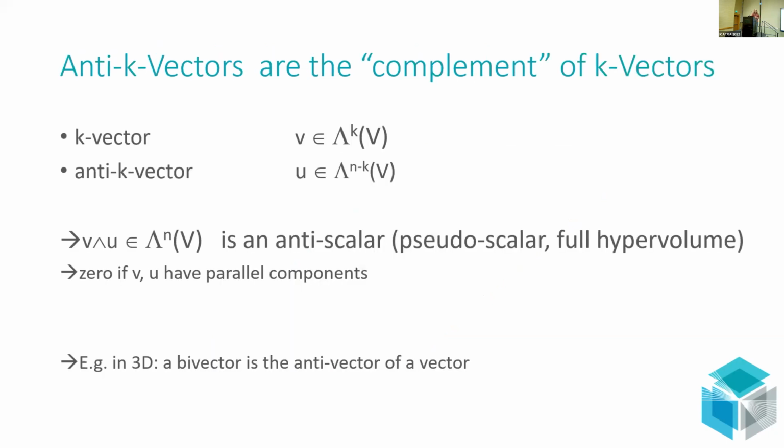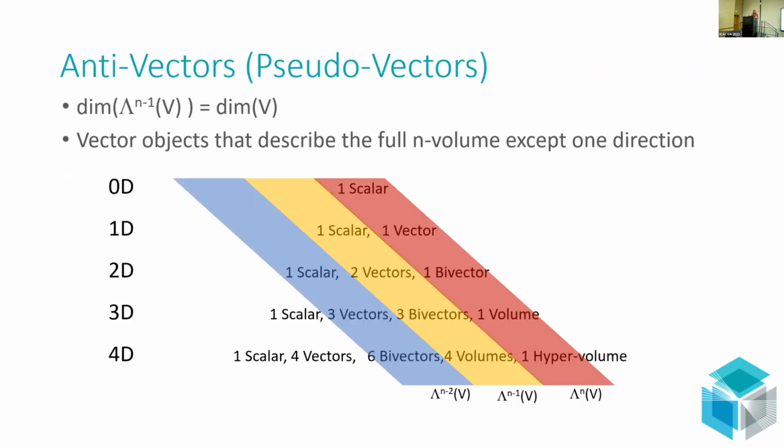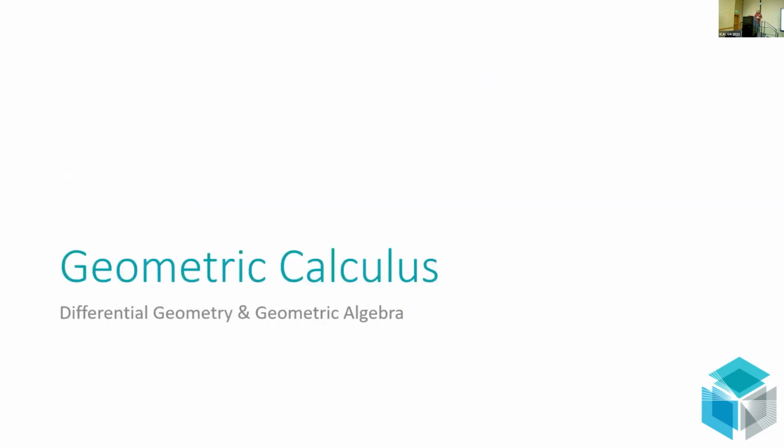And we have the concept of the antivectors in geometric algebra, which is basically just the complement of a vector, what it complements to get to the full space volume, the antiscalar. A bivector in 3D is an antivector of a vector. And the antivectors are like the blades in this triangle coming from the right side: the 1-dimensional objects, 2-dimensional objects, 3-dimensional objects coming from the right to the left. The antivectors, this is where we reside.